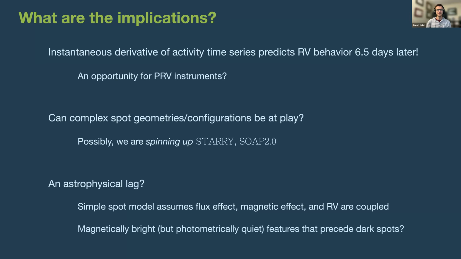And just as one possible hypothesis, you could perhaps explain this with some sort of magnetically bright, but otherwise photometrically quiet features that always precede dark spots, which is maybe a little convenient to claim, but does evoke some similarities to things like what we see with sunspots.